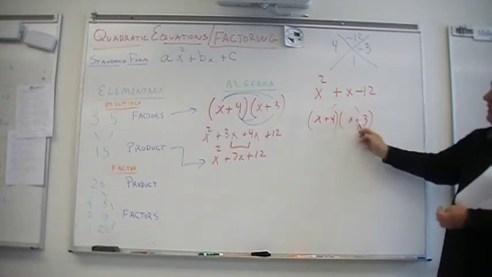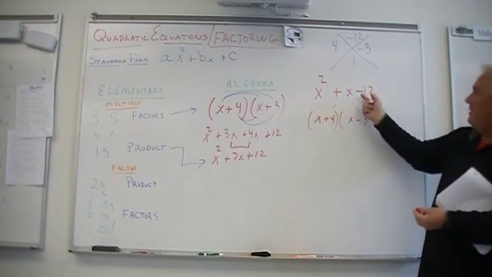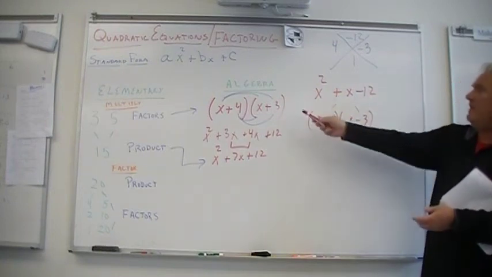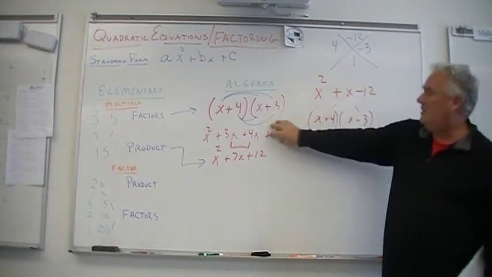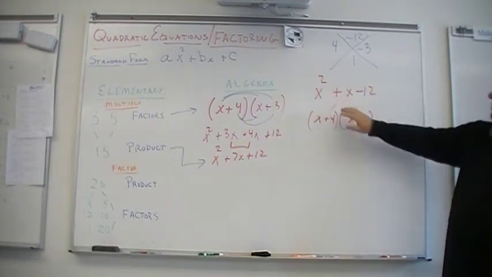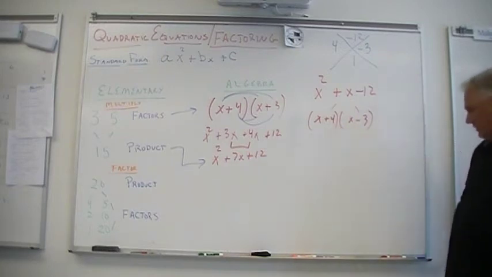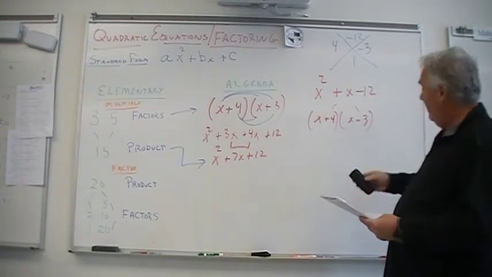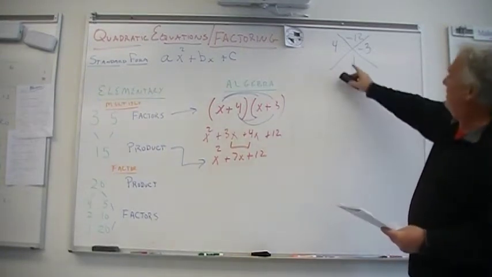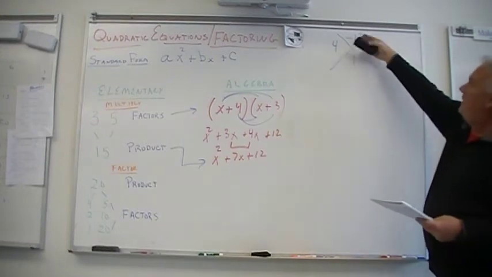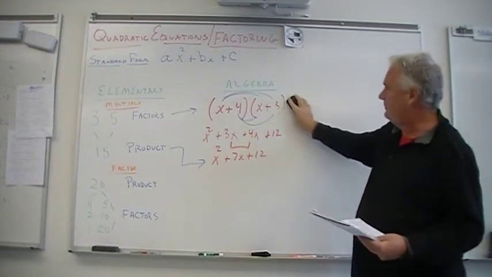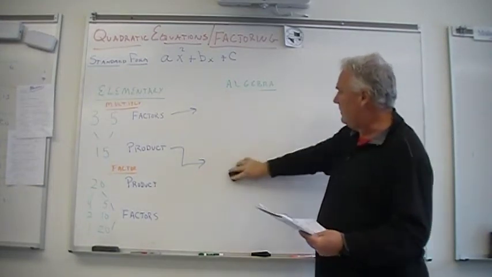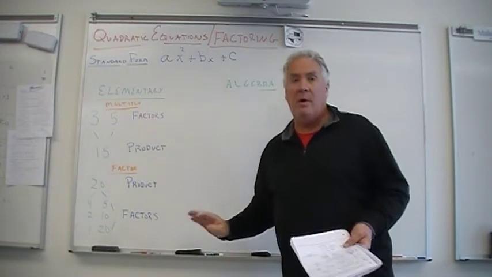Okay, if you FOIL this out, like here, you would end up getting that. It's slightly different than this. It's got the 12 here, but it's got a different one here, and that's why the factors are a little different. Okay, so there's our factoring for something like that. Using this tool right here, what times what gives you the end, and then the middle coefficient goes right there. Okay, so that is one way that we can factor.